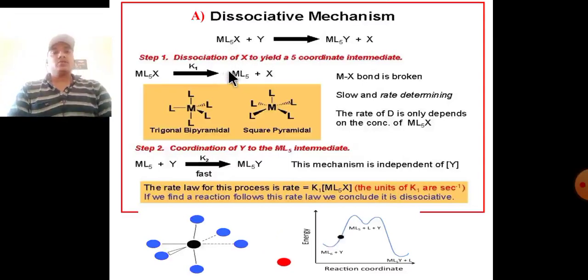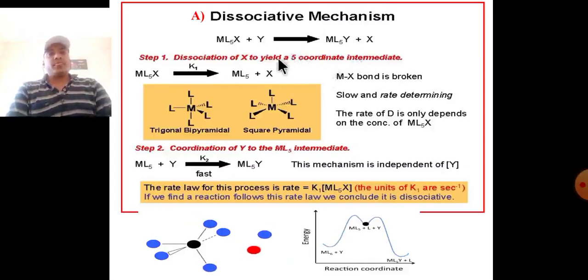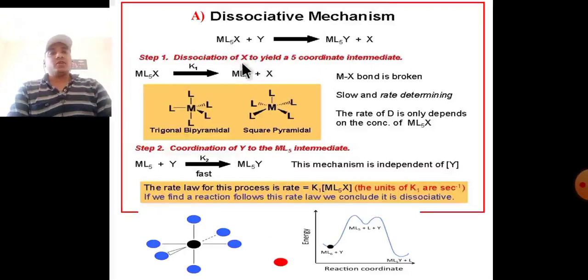In the first step, dissociation of X yields a 5-coordinated intermediate. This means that in the dissociative mechanism, first a 6-coordinated complex is converted into an intermediate 5-coordinated complex.